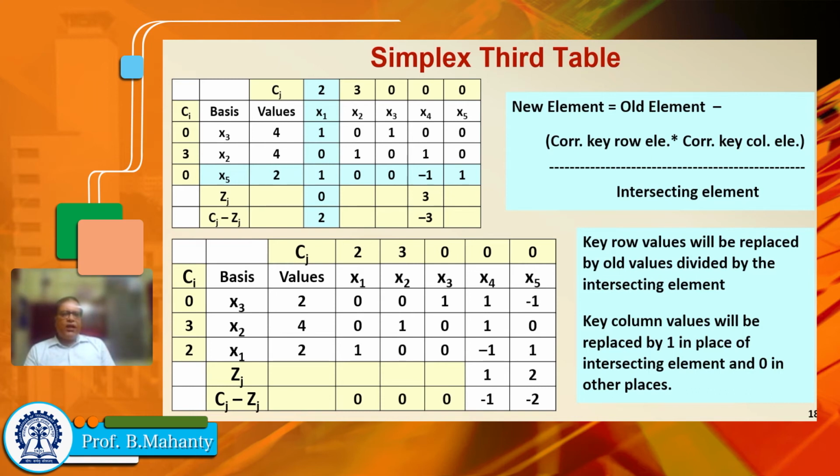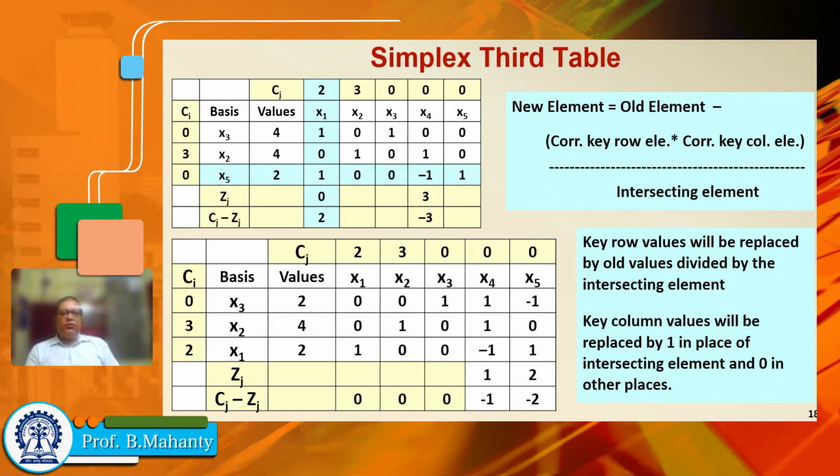So therefore cj minus zj will be 0 minus 1, that is minus 1, and 0 minus 2, that is minus 2. Or we can also compute directly from the formula, that is minus 3 minus 2 into minus 1 by 1, that is minus 3 plus 2 equal to minus 1. And this one would be 0 minus 2 into 1 by 1, so minus 2.